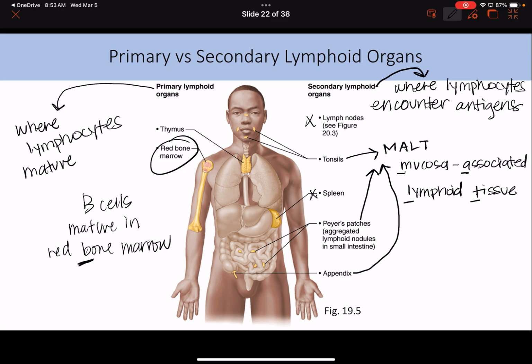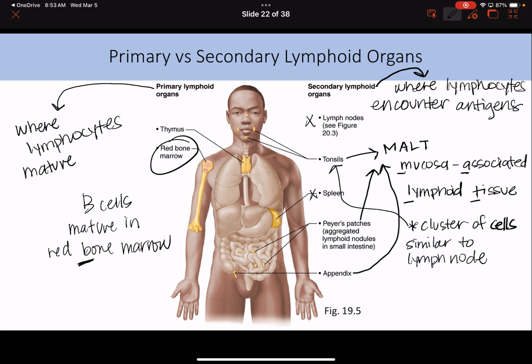And so these tissues, tonsils, Peyer's patches, and appendix, are essentially a cluster of cells very similar to lymph nodes. And this is especially true for your tonsils.